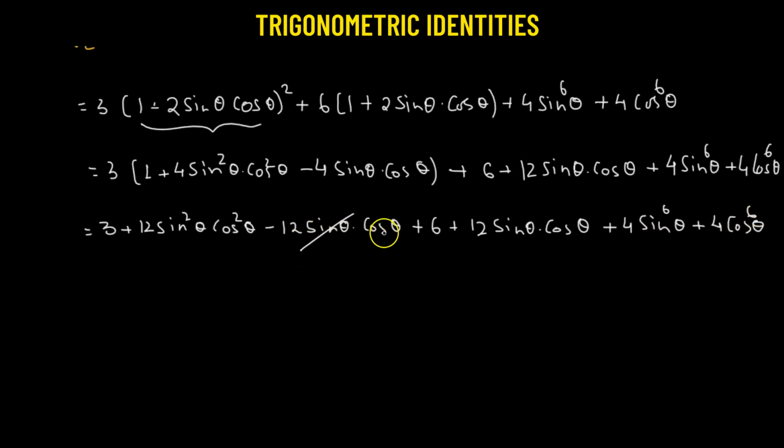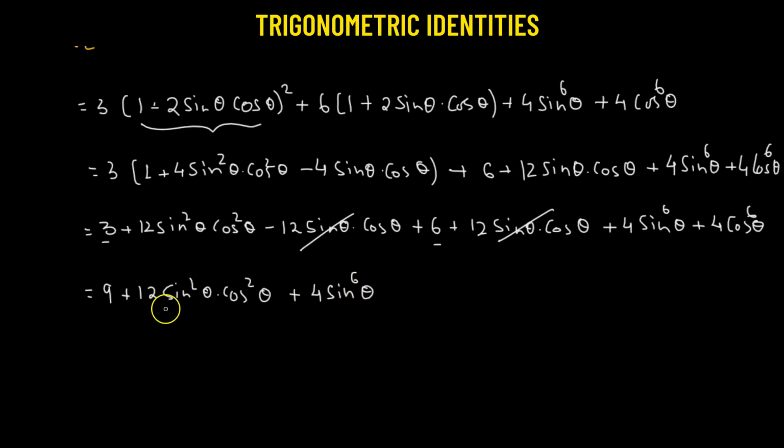So negative 12 sine theta cosine theta and positive 12 sine theta cosine theta cancel out. 6 and 3 get added to give us 9. So we have 9 plus 12 sine squared theta times cosine squared theta plus 4 times sine theta whole raised to the power of 6.